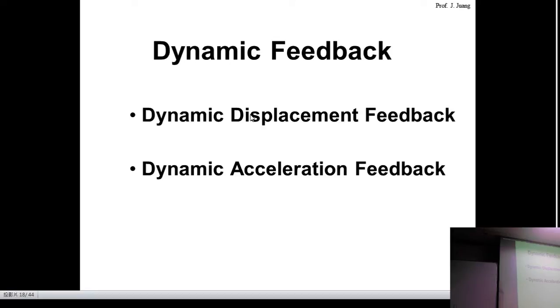We know, be careful, that direct displacement feedback won't dissipate energy. We know that. Direct acceleration feedback won't dissipate energy. Now, if you don't have the luxury of velocity measurement, assume I just don't have a velocity measurement device, then what can you do?